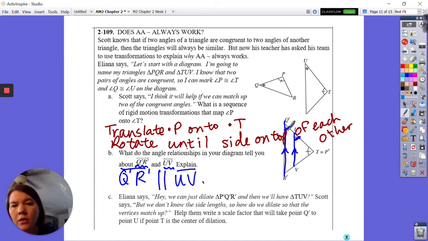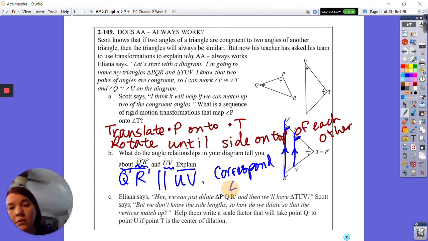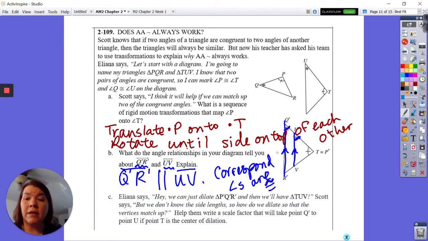Those two angles are corresponding angles. So since corresponding angles are congruent, those two lines have to be parallel, because that's when that happens. Otherwise, they're not parallel. And so this is one of those statements that goes both ways.